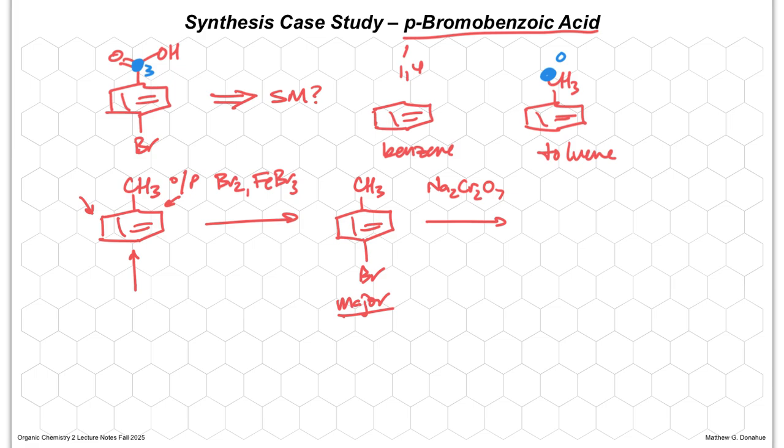So sodium dichromate, and I forget what other stuff's in there, but that's going to go from 0 up to oxidation state 3.